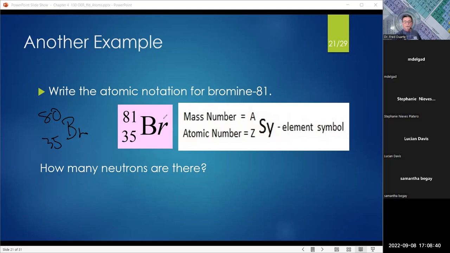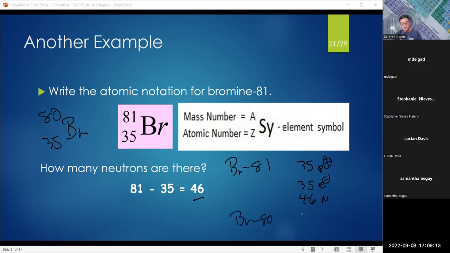And now we subtract those two numbers to tell us how many neutrons. So bromine 81, you're just going to label it Br-81, has 35 protons, 35 electrons, and 46 neutrons. Bromine 80 has 35 protons, it's still bromine.